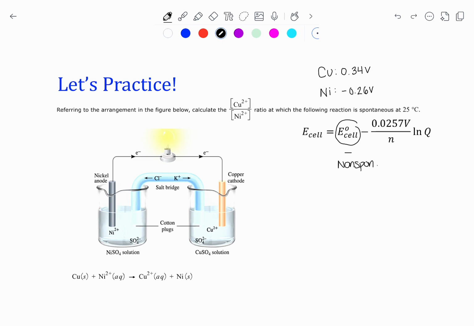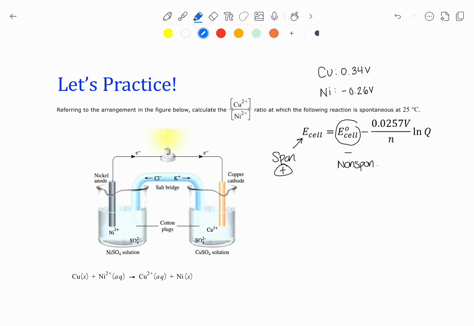But since we're at non-standard state, we're just looking for E cell to be spontaneous. So we're looking for the minimum ratio that our concentrations of our solutions need to be in order to make that E cell spontaneous.